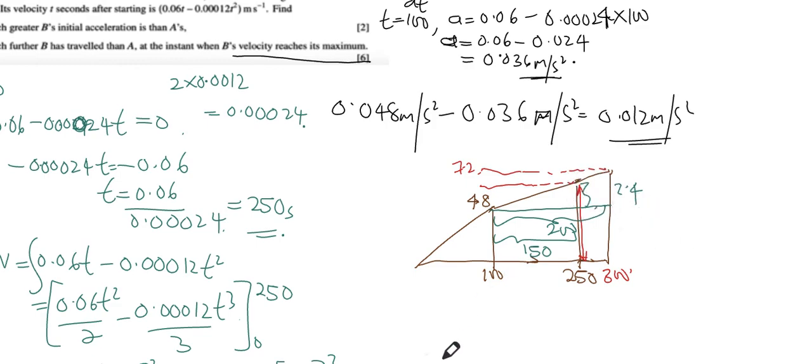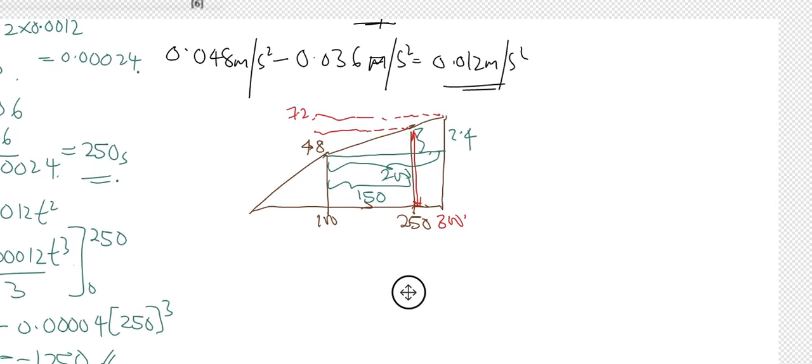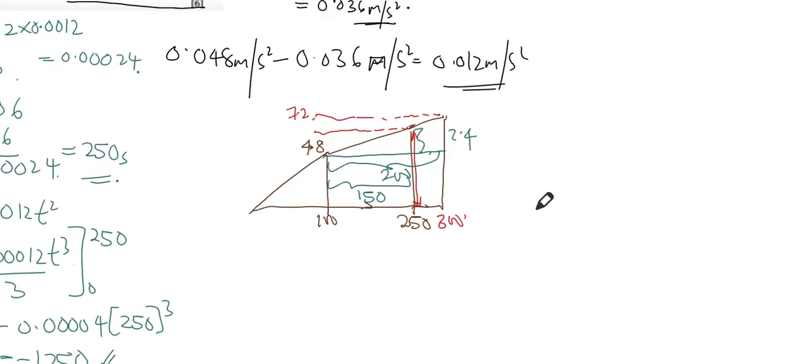To do this, we use the similar triangle method, a similar shape. I'll draw a separate triangle so that it doesn't confuse us. For 300, 300 minus 100, the distance is 200, and the height is 2.4. For 250, 250 minus 100 is 150, and I'll make the height x.